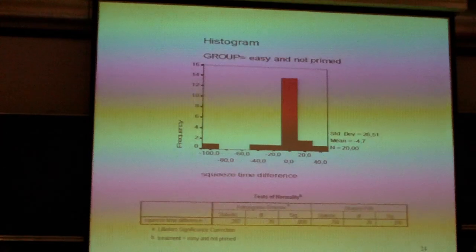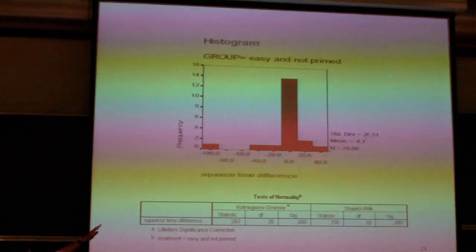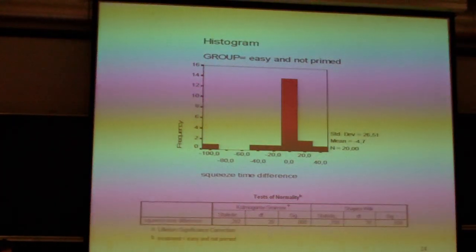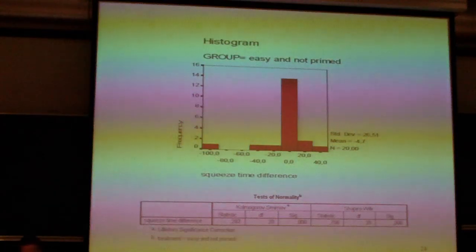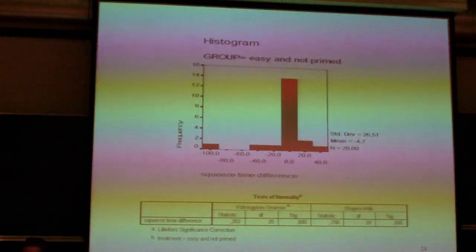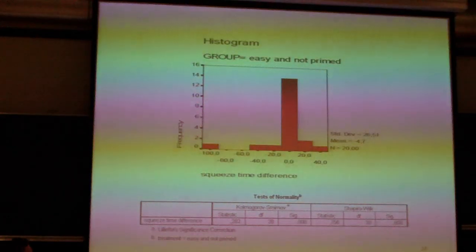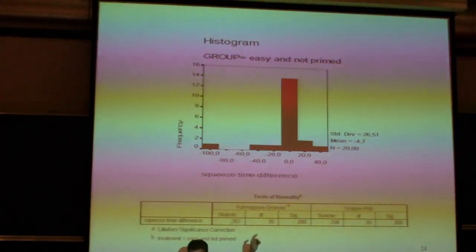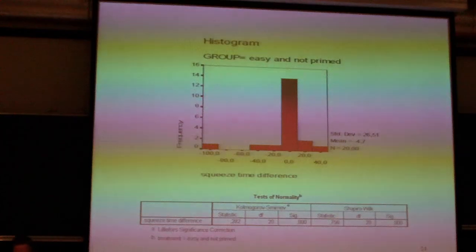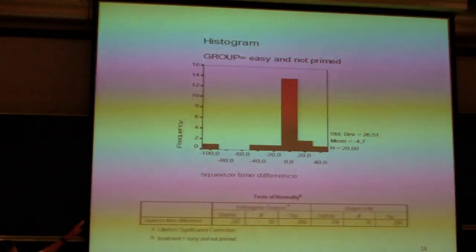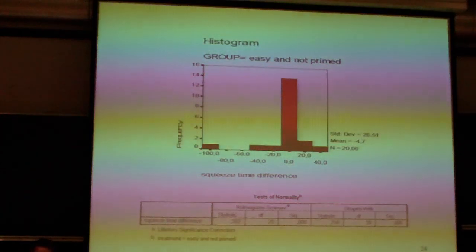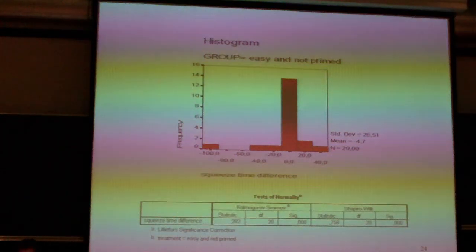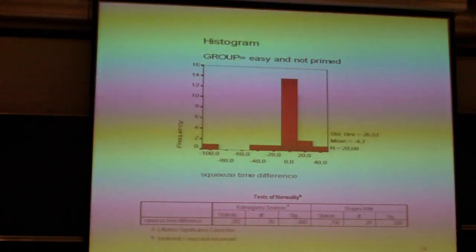And if you look at this particular distribution, you can see that the scores are strongly peaked around 0, and of course we have somewhat of a tendency towards the left, which is probably because we have an outlier there.